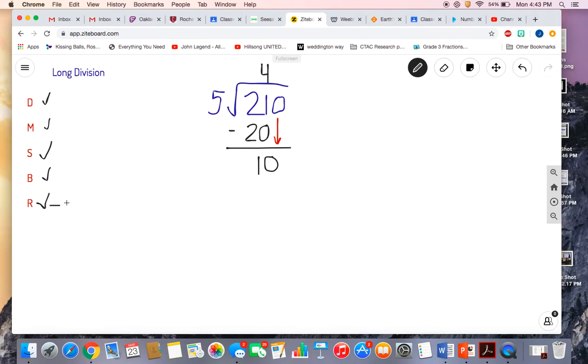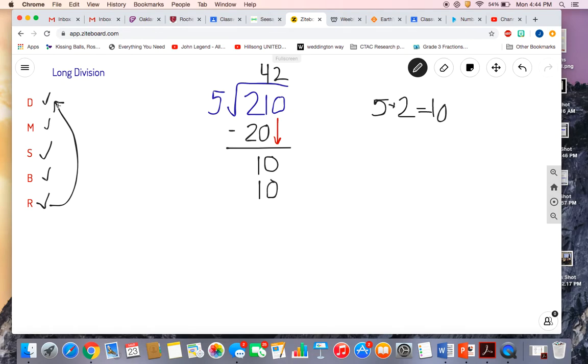So I go back to the top, and I'm doing 10 divided by 5, or I'm looking to see how many times 5 goes into 10, and I know immediately that it's 2, because 5 times 2 equals 10.